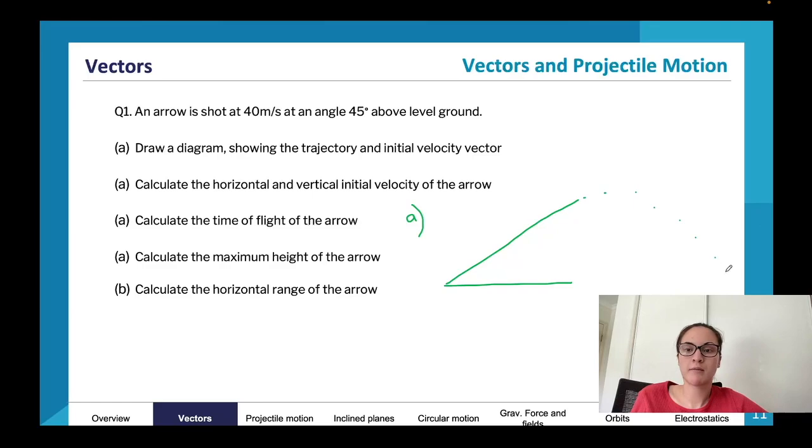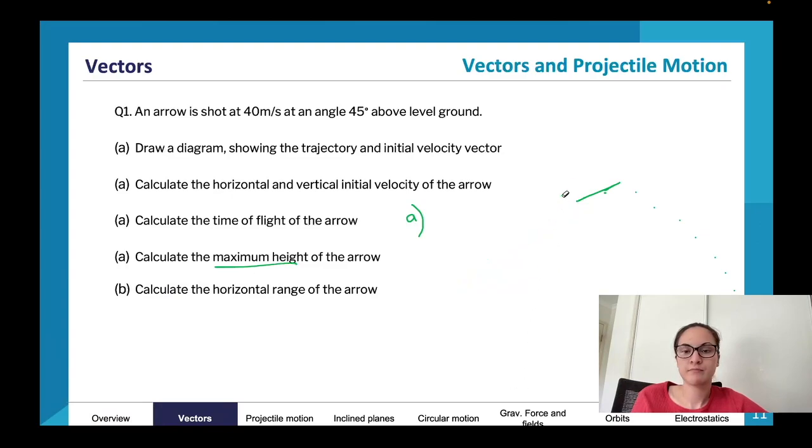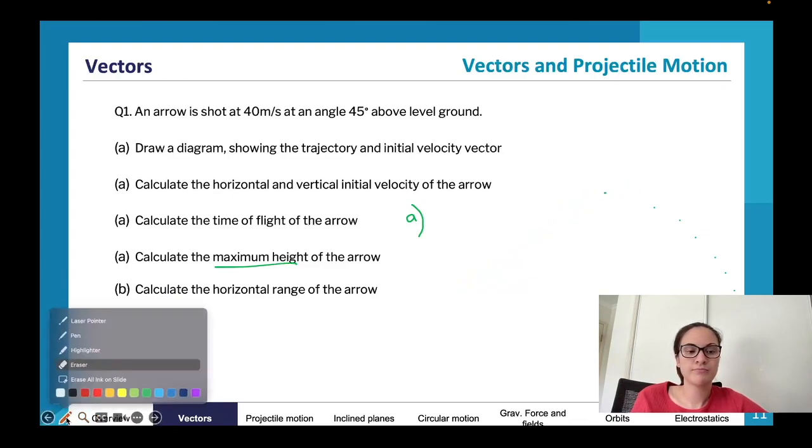I know it's really bad, but for this question, all we're really concerned about is it meeting this point before it starts descending. Because down here we start talking about maximum height. Actually, I might just redraw that because I'm not too happy with that little drawing. I might just clear the whole page.